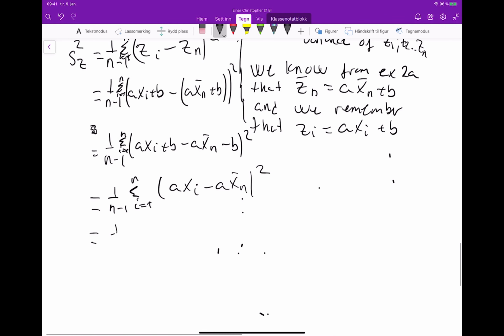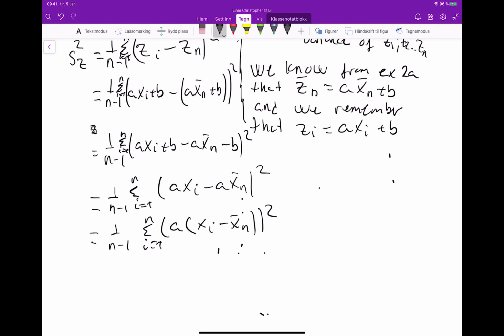So we are closer. Sum i equal 1 to n, and then I see that a is common in both the terms in the parenthesis, so I put this outside a parenthesis like this, in the power of 2.